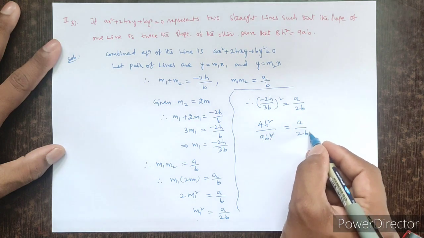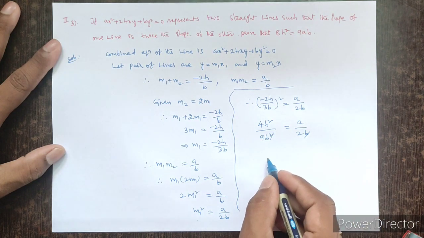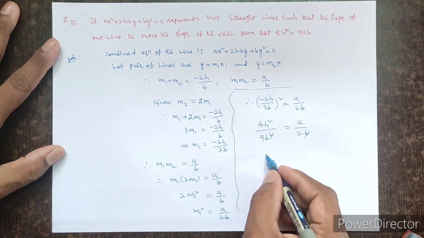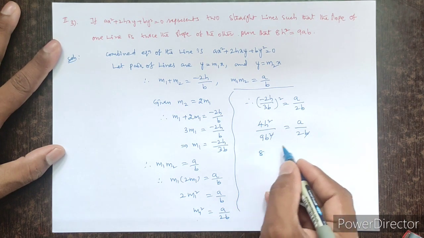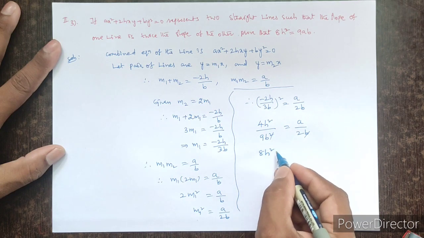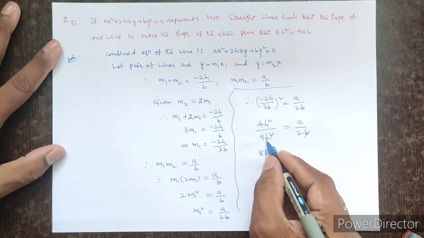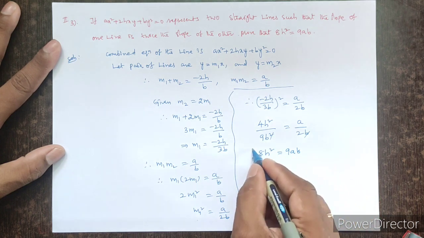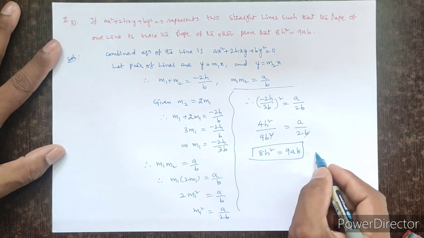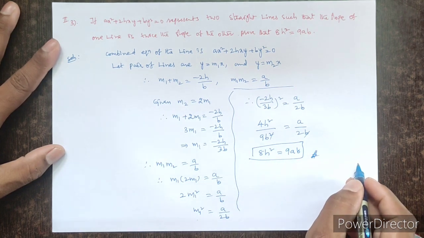So one b gets cancelled, then cross multiplication: 2 into 4, 8h square, equal to 9b, so 9ab. Then proved.